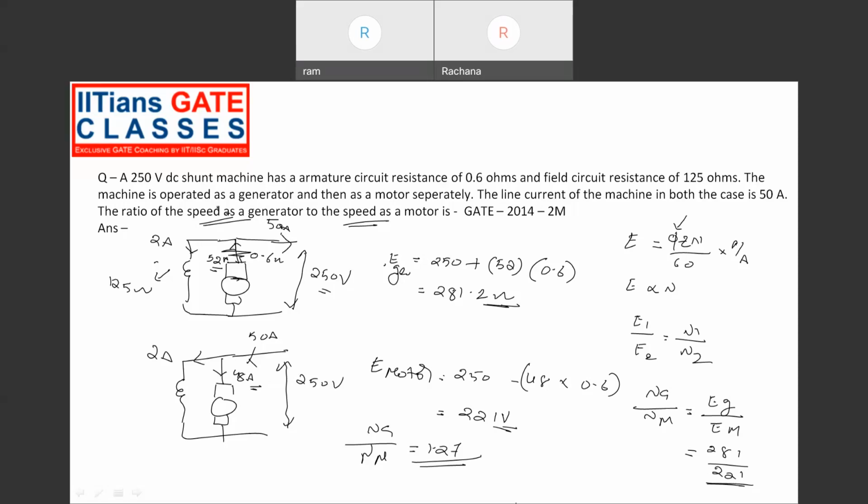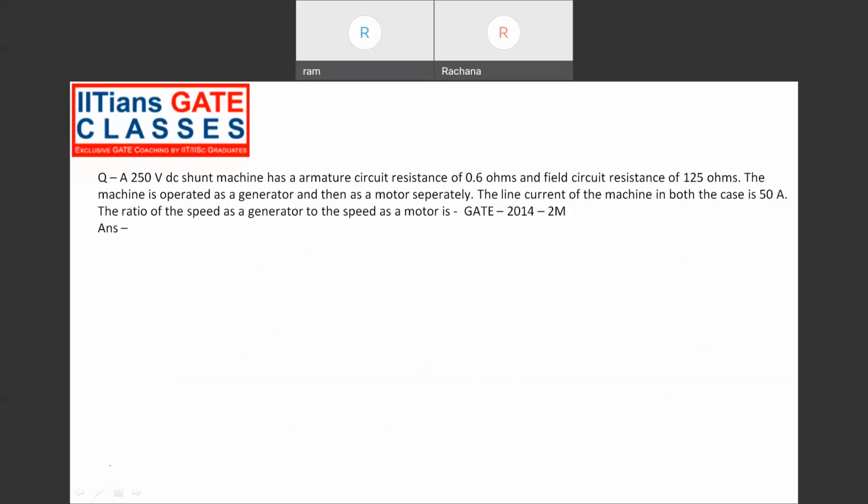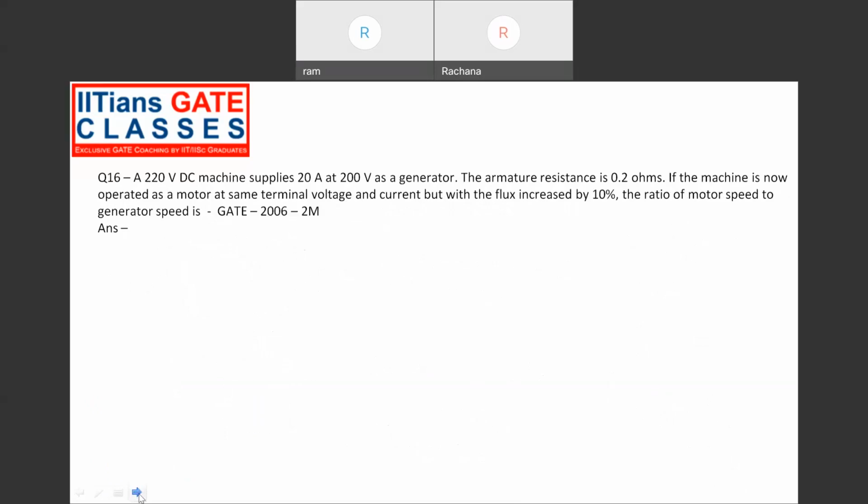We'll go to the next question. The question is GATE 2006, a 2-mark question.